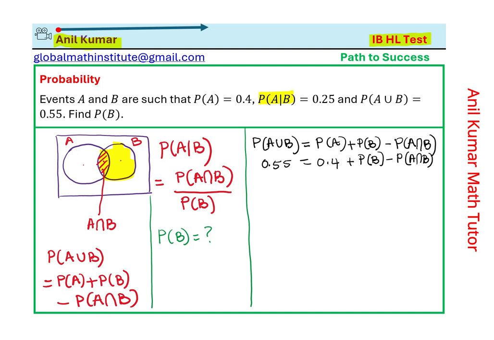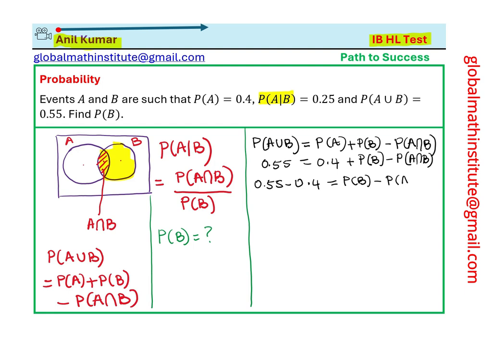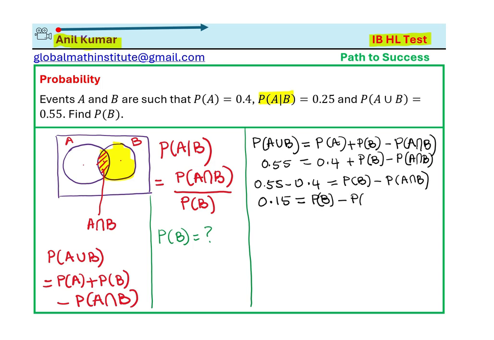So bringing 0.4 here, we get 0.55 minus 0.4 equals probability of B minus probability of A intersection B. If you do this, we get 0.15 equals probability of B minus probability of A intersection B. Let's call this statement number 1.